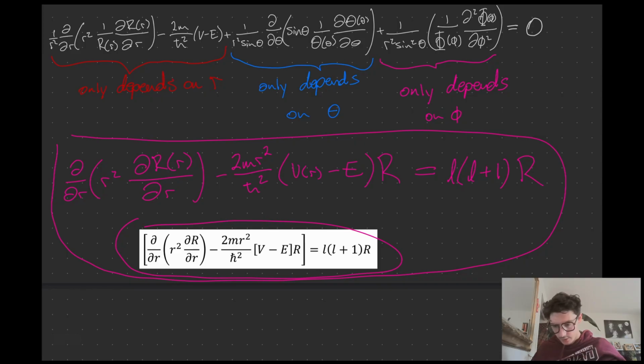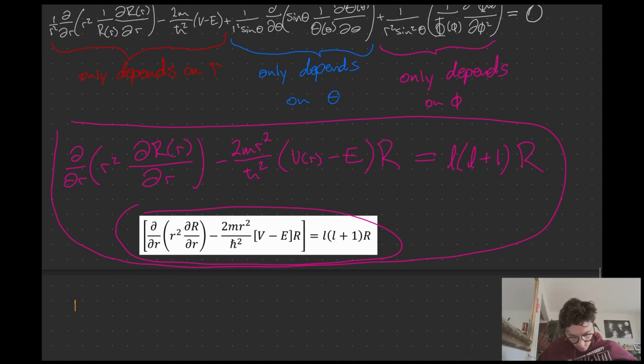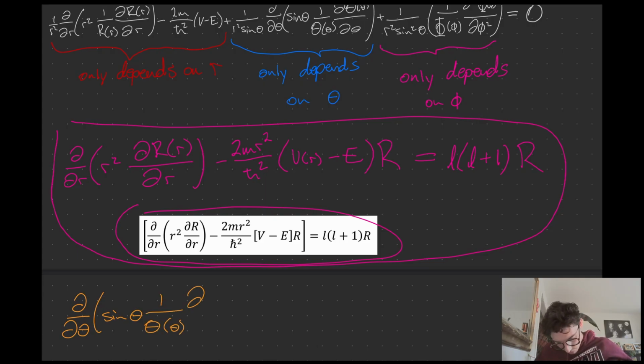So let's copy this with a little orange color here. What we have is 1 over, we got rid of this r, huh? We got rid of this r. Here is theta. Here we have sine theta. This I think is wrong, this part that I'm writing right here, but we'll see.